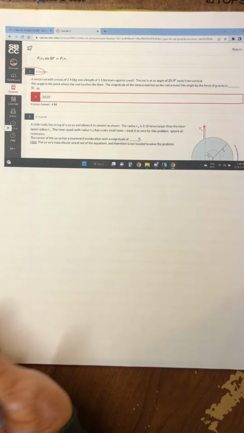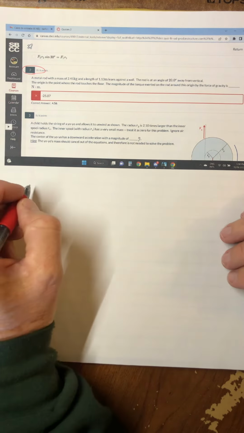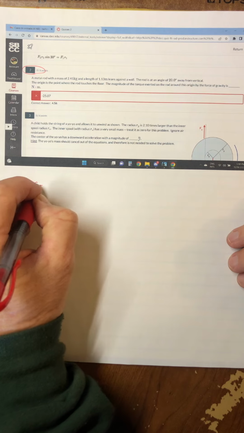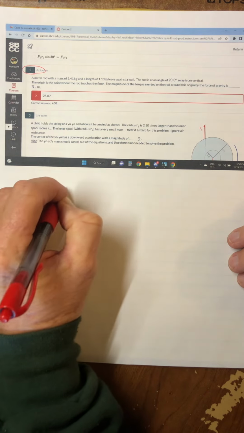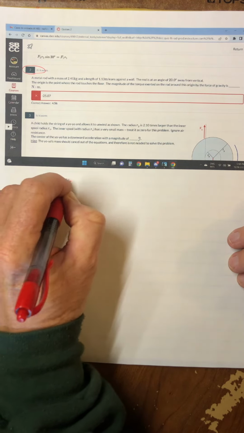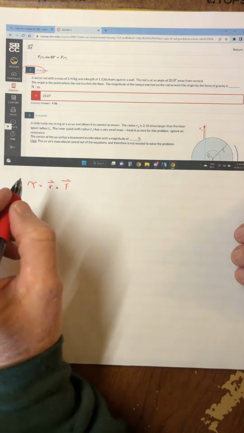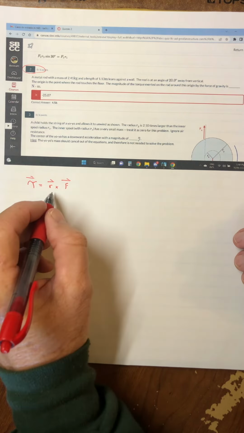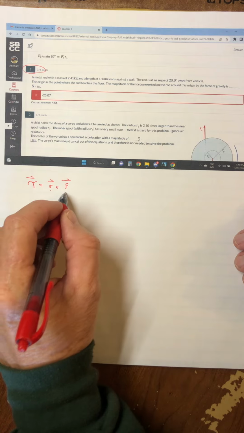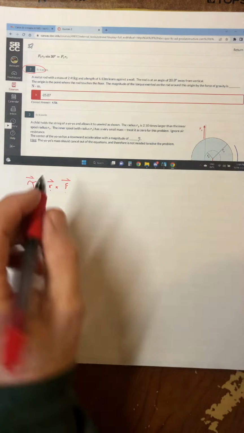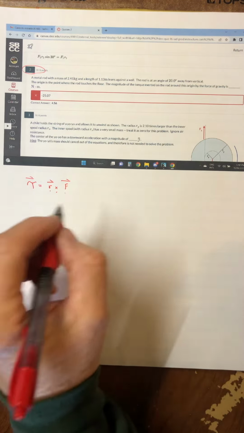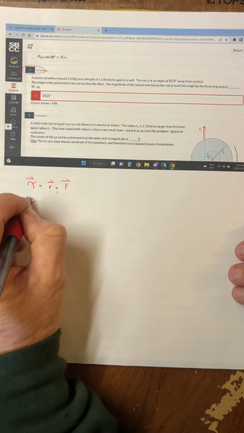And if you saw my first video for this quiz, you remember there was a discussion here about the torque. And the torque is R cross F. And in order to have a torque, you have to have some distance and you have to have a force. And of course then, the cross product means some sine of the angle between them.